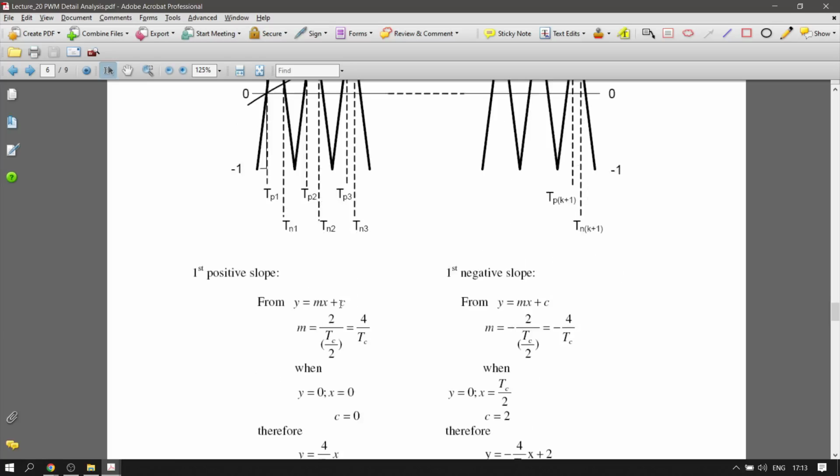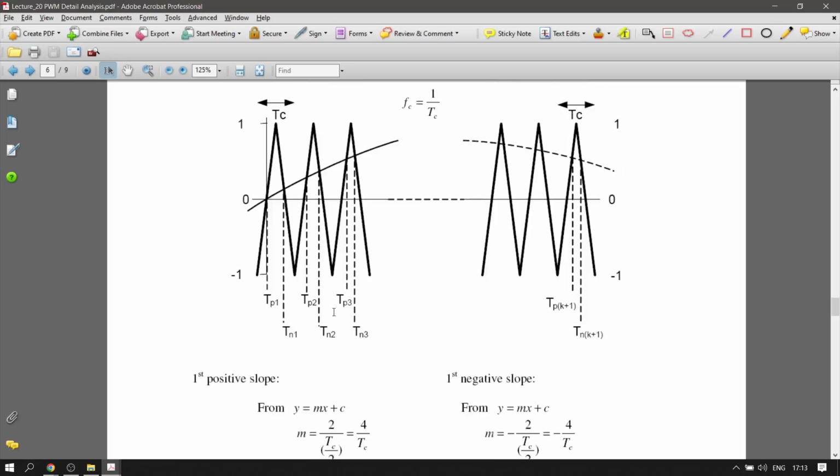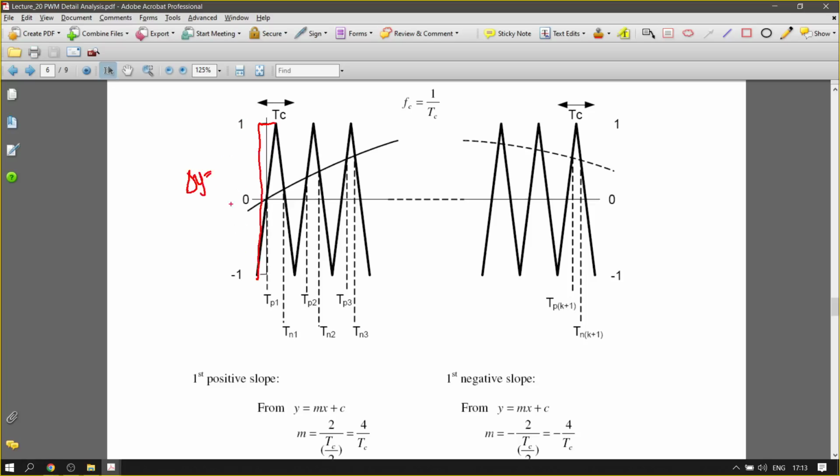Okay. So, y equals to mx plus c. So, now, kalau you tengok betul-betul, delta x dia, delta y dia 2. Yes. Okay. Kalau you tengok ini, daripada sini ke sini, delta y dia equals to 1 minus negative 1, so it is 2.